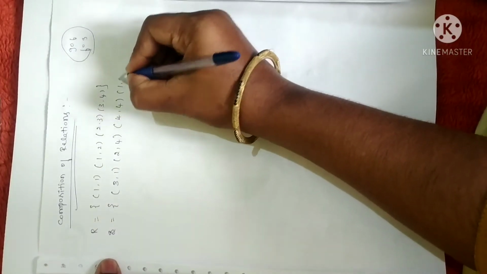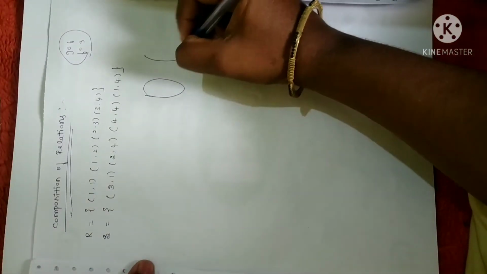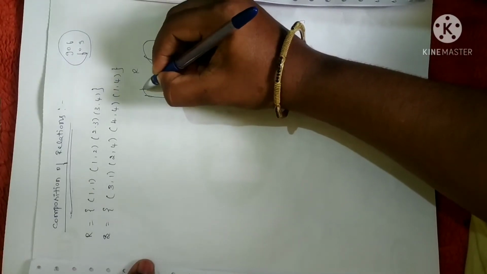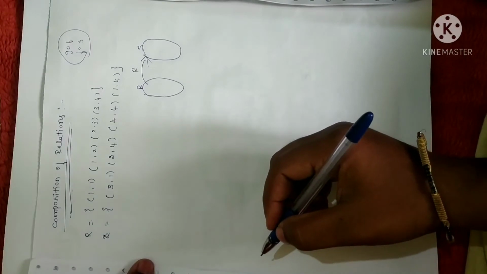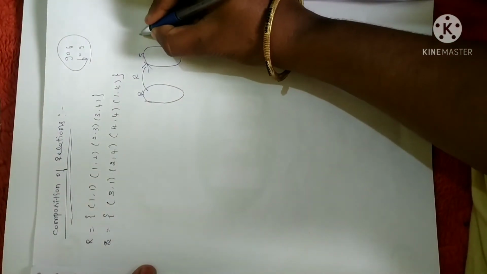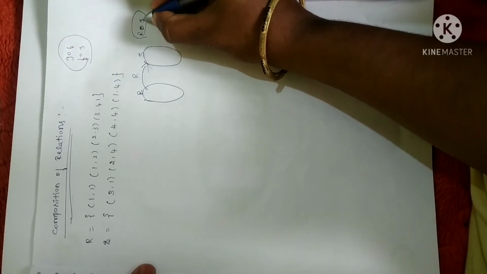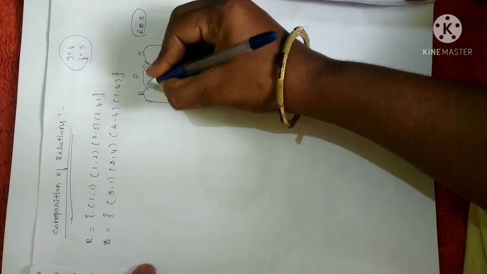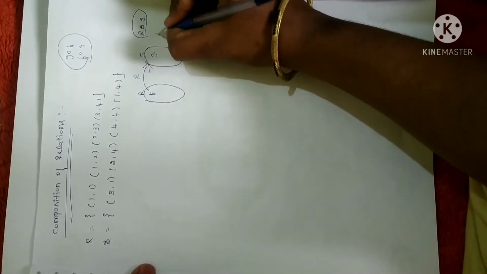Now, composition of a relation, in the sense, suppose R is a relation from set R to S, then composition is represented by ROS. In your class 12, it will be something like F, G. So composition will be F of G or G of F. Fine.